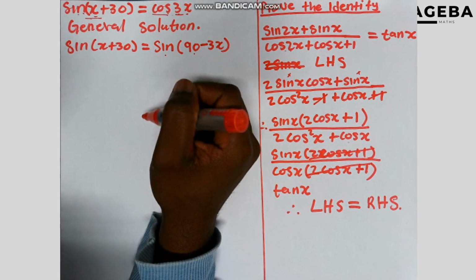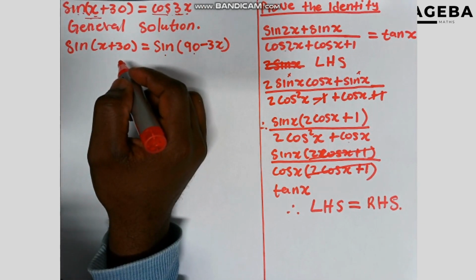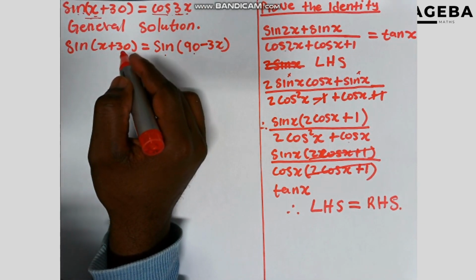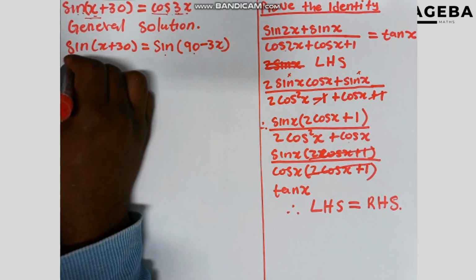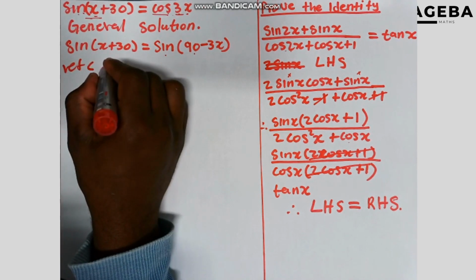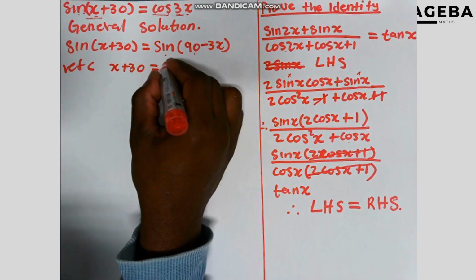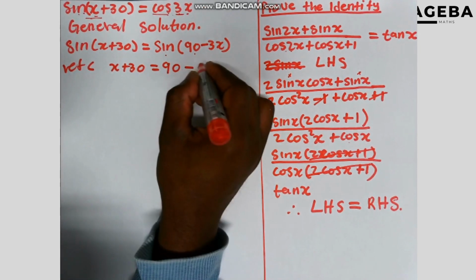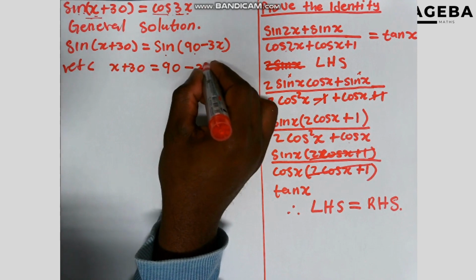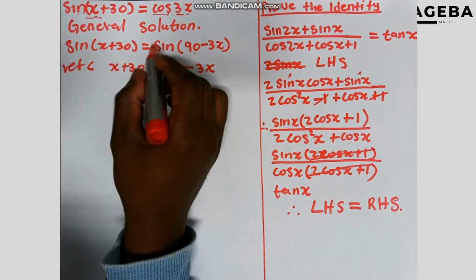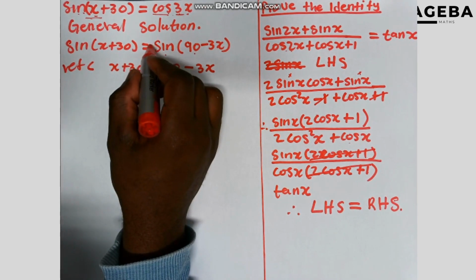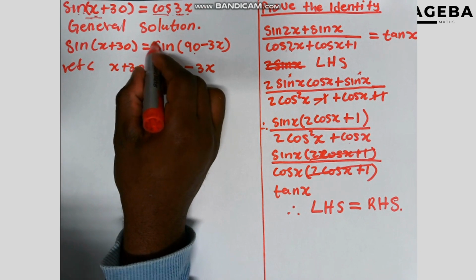Then from here, make my reference angle. My reference angle is just going to be x plus 30 equals 90 minus 3x. Now I see my sign here, it's positive.